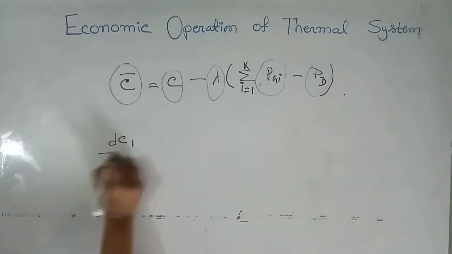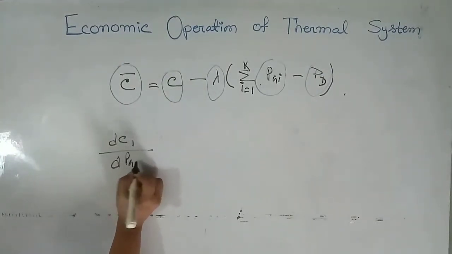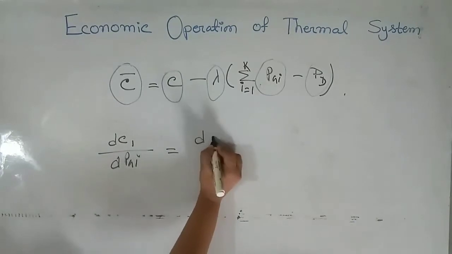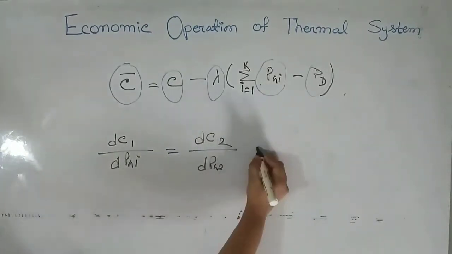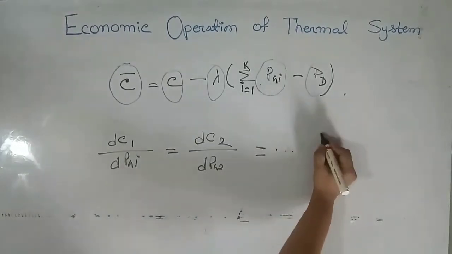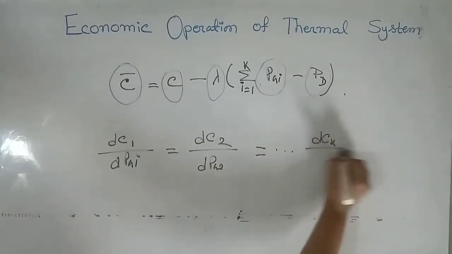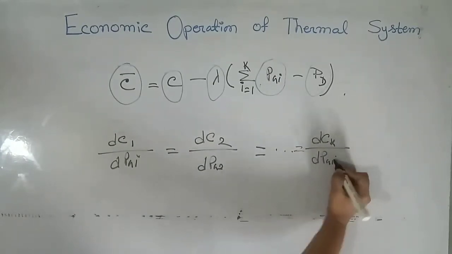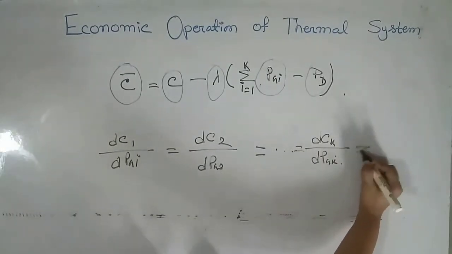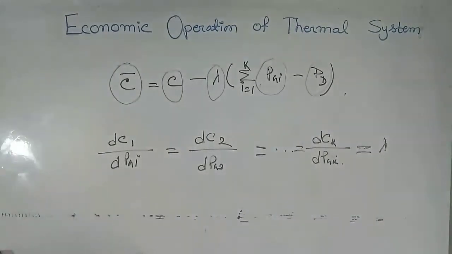delta C1 by delta PG1 equals delta C2 by delta PG2 equals delta Ck by delta PGk equals lambda.